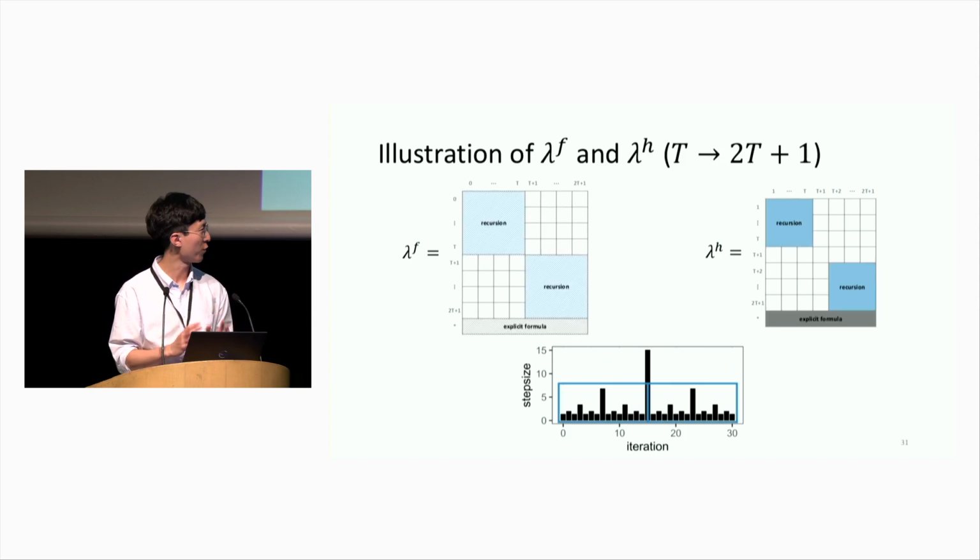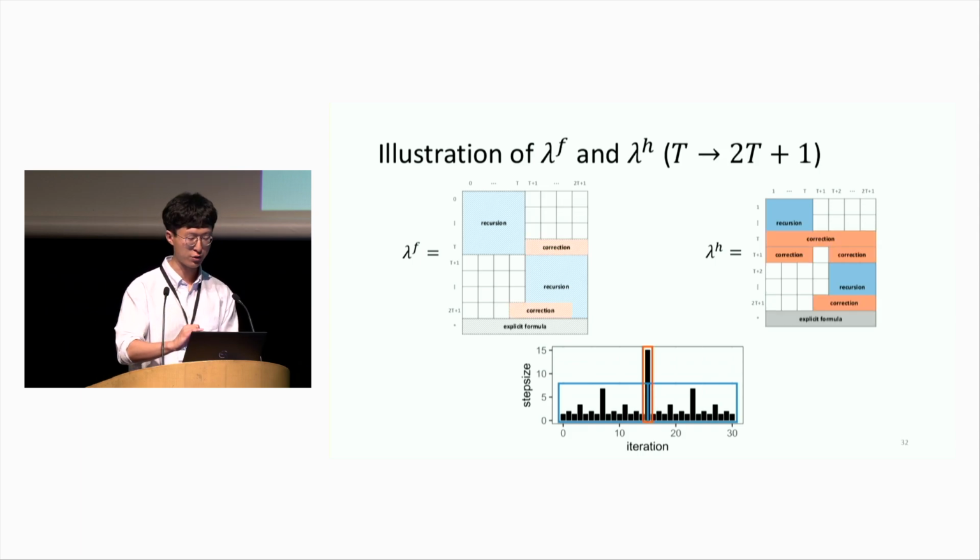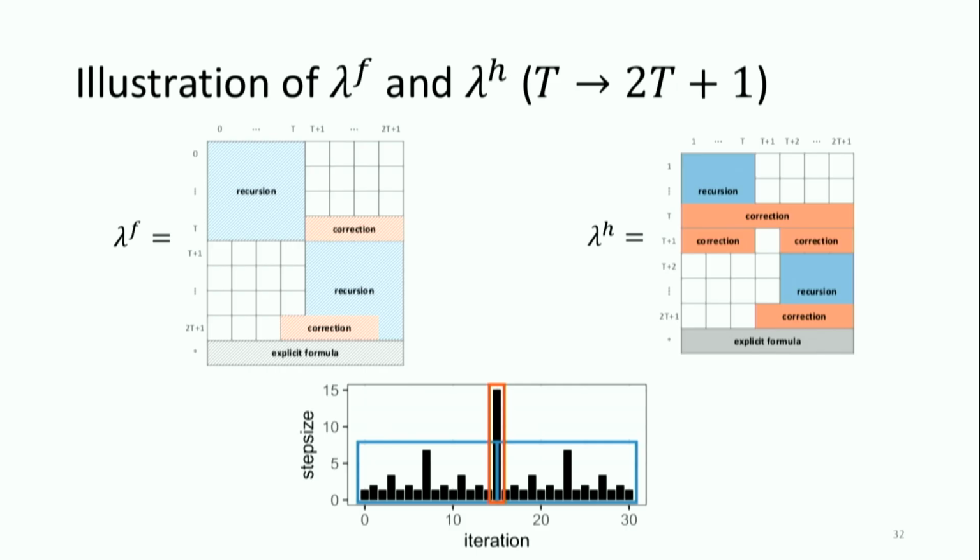It turns out that roughly the first and second half of the silver step size for 2t plus 1 is exactly the silver step size for length t. So I can use the coefficients that I know to fill in the blanks here. But I still also have this very large step in the middle, and again, I need to control how this affects all the other iterates. So I add those correction terms. These lambdas are essentially defined in a recursive way by using that recursion and doing some correction.